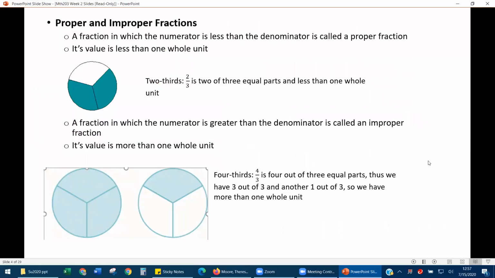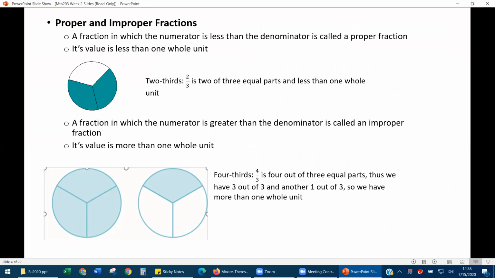Okay, so difference between proper and improper fractions. A proper fraction is a fraction whose value is less than 1. So the numerator would be smaller than the denominator. 2/3, 3/4, 5/7, any fraction whose numerator is smaller is called a proper fraction.